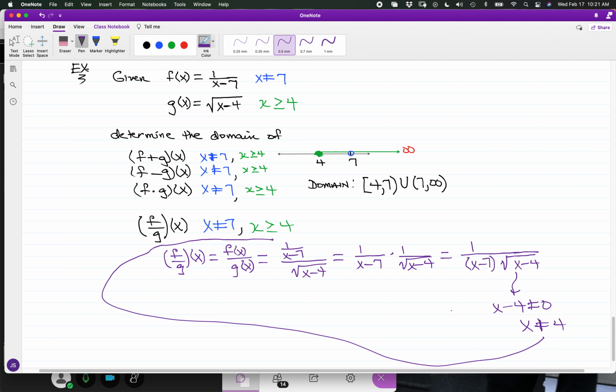So it's going to turn out that the restriction we had initially was that x was greater than or equal to 4, but since x cannot be equal to 4 because of x minus 4 being in the denominator, our restrictions will now be that x cannot be 7 and that x has to be greater than 4.